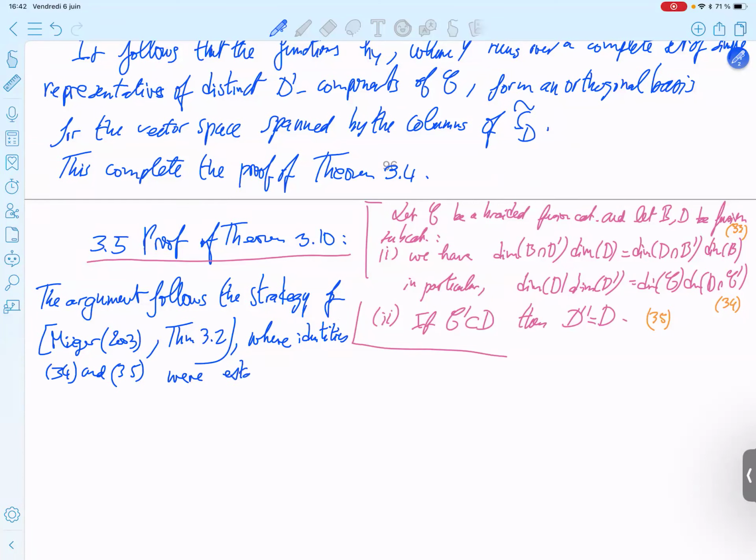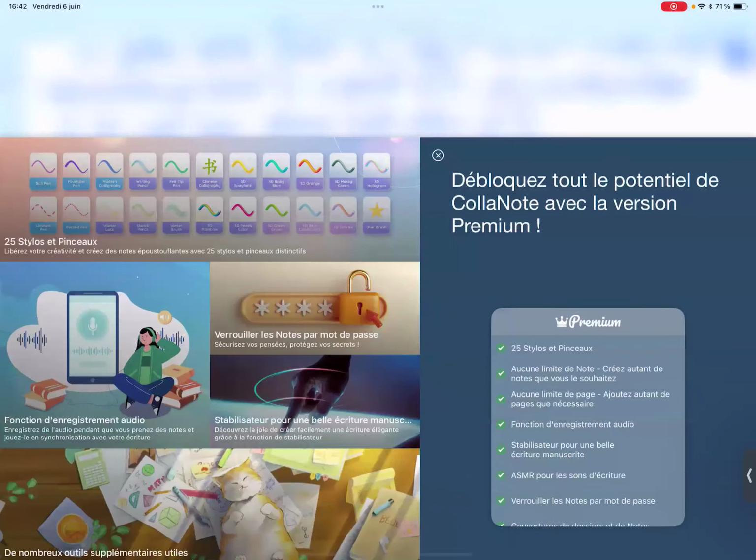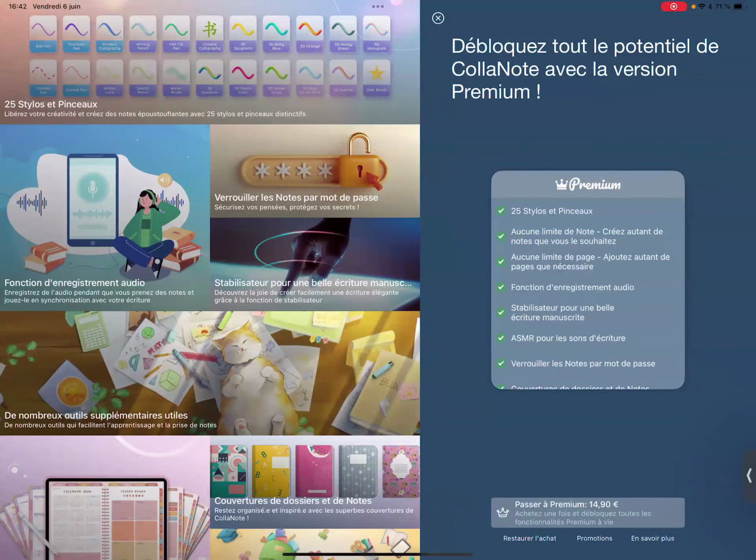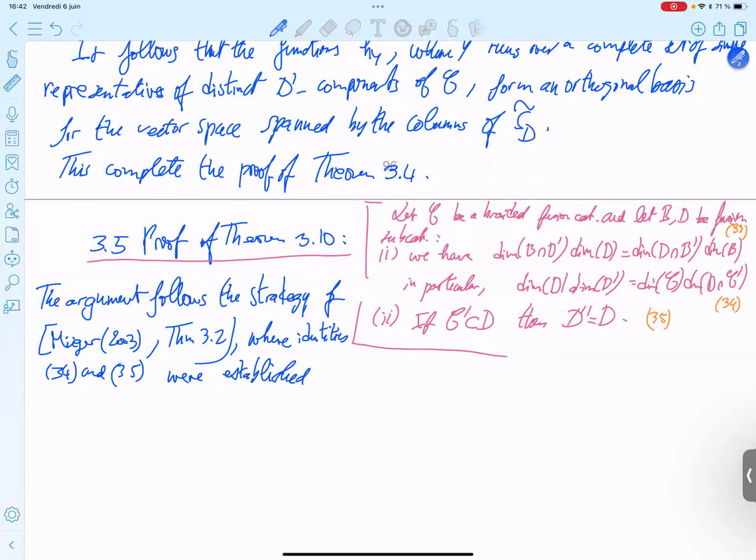So what we will show now is inspired by Muger, but more general, because we don't assume pseudo-unitary. Established for a pseudo-unitary braided fusion category C.